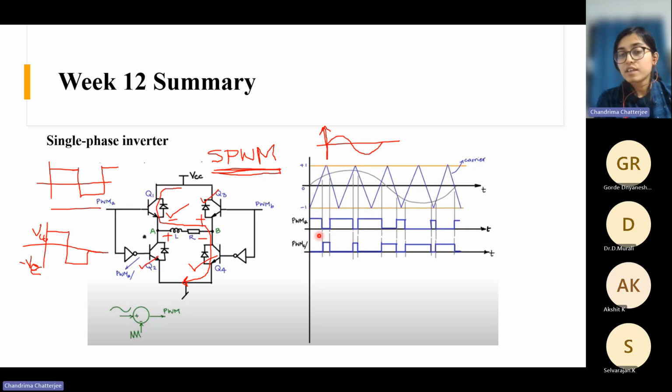When your triangular wave is higher than your reference signal, your pulse is low. You follow this logic. And this low side switch will have the complementary signal, complementary to this one.